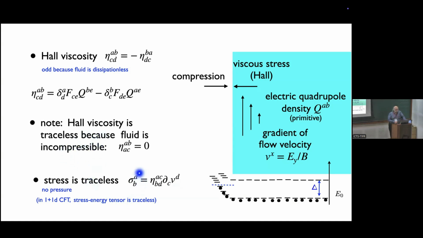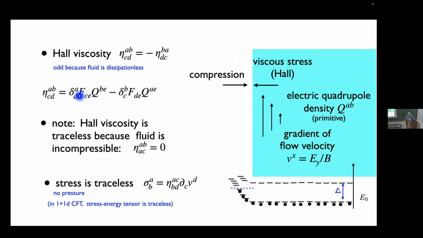Okay, so the stress tensor looks like that. The stress tensor is traceless because that's telling you there's no pressure in quantum Hall fluids. And because it's gapped and dissipation free in the zero temperature limit, eta becomes antisymmetric in that limit.